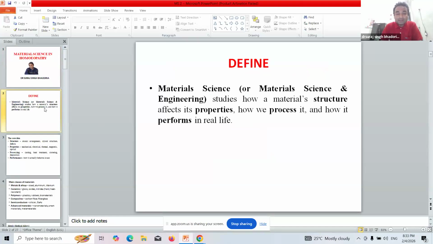Material science is generally a part of the science which studies the structure of various materials, the morphological, chemical and physical properties of the various materials and their effects for the action, for the various propagation. So the process and the performance of such materials and the nanostructures or the minute particles or the microfilaments in real life is known as material science.